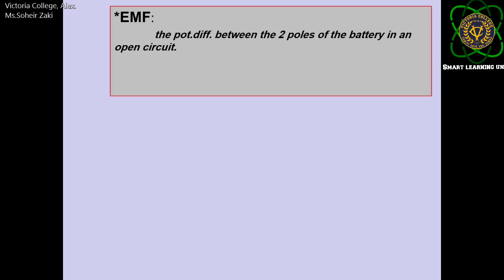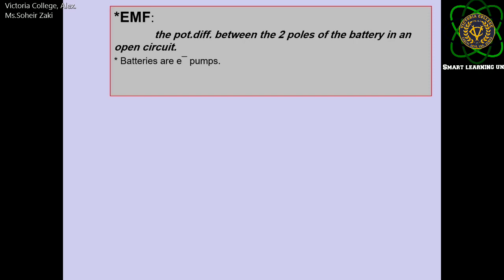In order to have any source of electricity, we have two poles, positive and negative, and to allow this source to pump out the electric current, we need to have potential difference between these two poles. This potential difference is called the electromotive force of this battery. So any battery is like a pump of electrons.